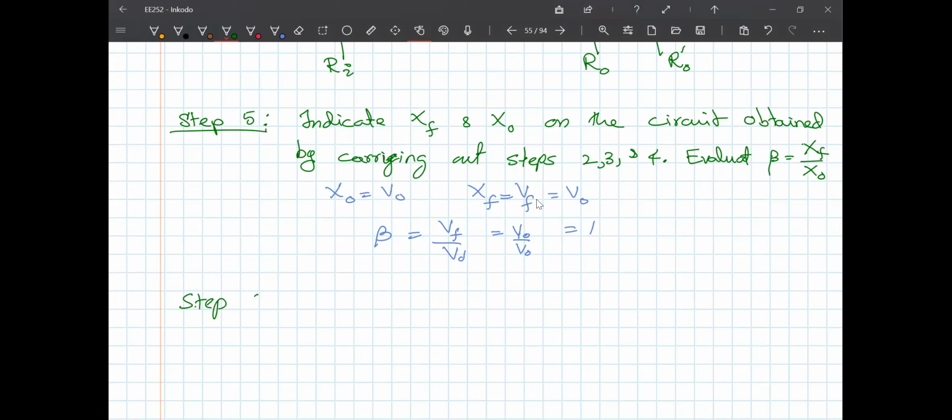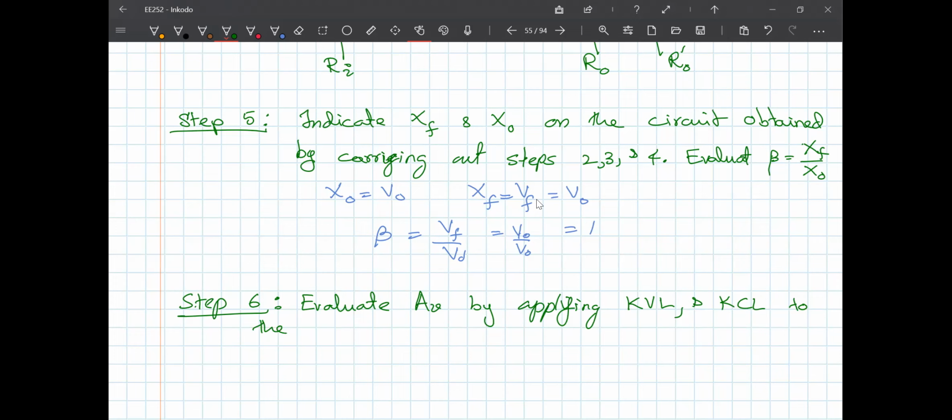Step 6: evaluate AV by carrying out, or by applying, KVL and KCL in the input and output circuits to the equivalent circuit obtained after step 4.